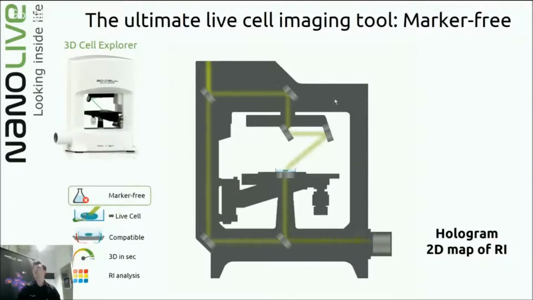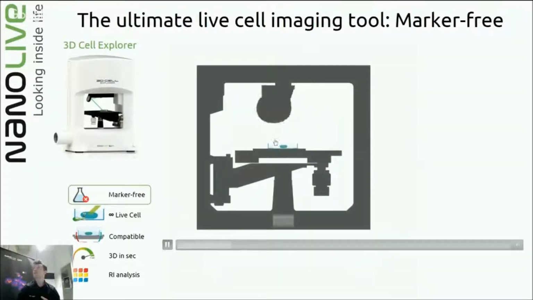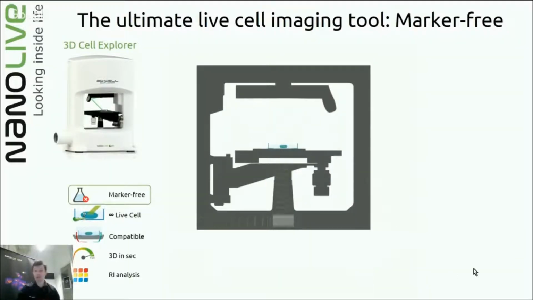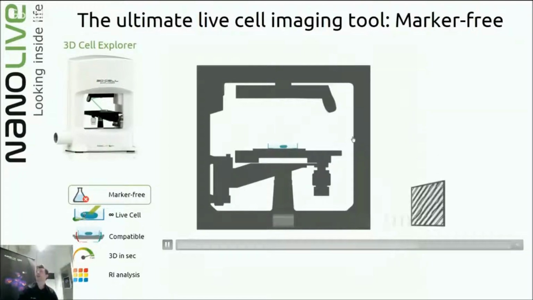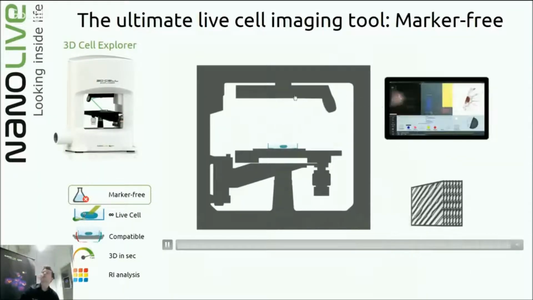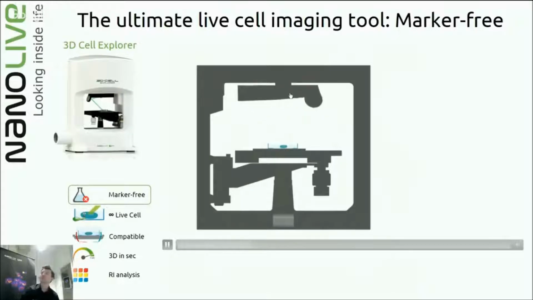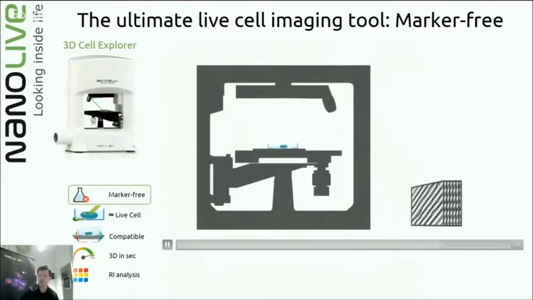So we are capable of measuring and recording this difference in refractive index due to the interaction of the beam with the cell. Now, we did say that this is a 2D map, and we want a 3D map. To achieve 3D reconstruction, we couple this with tomography. Tomography happens because we have a rotating arm at the top of our microscope.